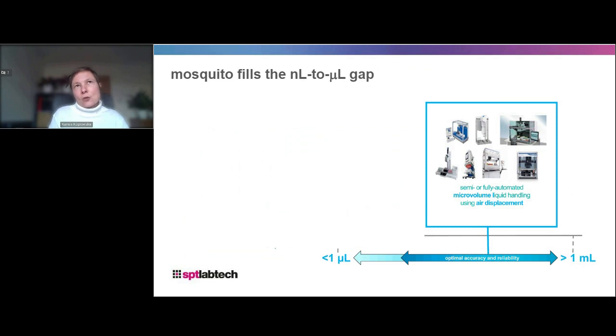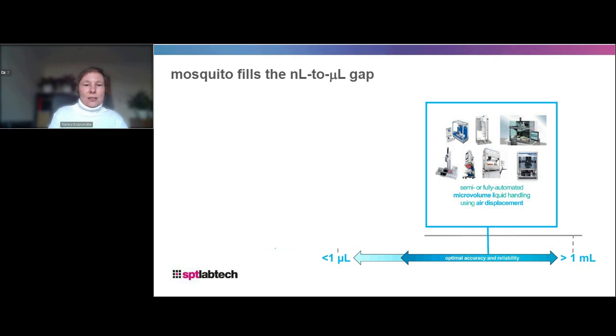So in the traditional way, how the liquid handling world is, there are air displacement approaches: workstations, pipetters, manual pipettes, walkaway solutions. Most of them use air displacement or liquid displacement pipetting. This technology has some limitations, especially at the lower end of pipetting volumes.